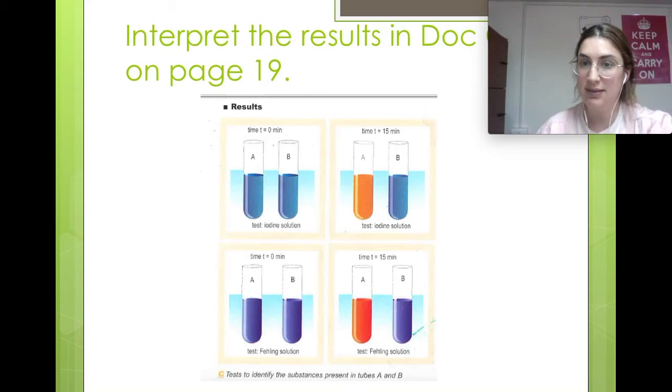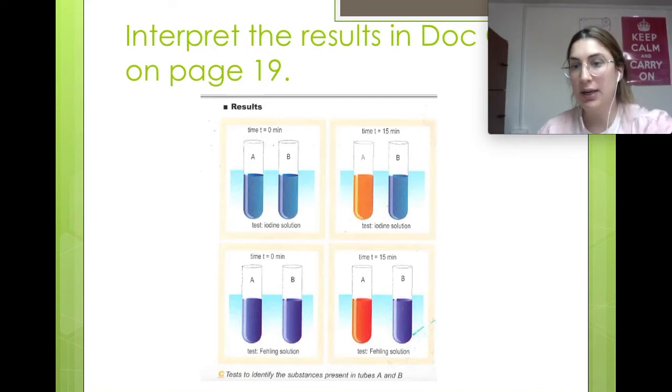All right? Then, after 15 minutes, tube A gave a negative result, which is the orange brown color, and tube B gave a positive result for iodine solution. What do I mean over here? Why did tube B remain the same, staying blue in color, and tube A changed its color?